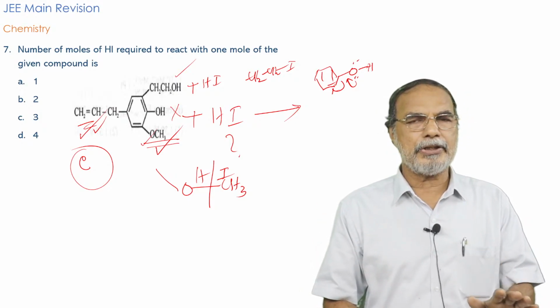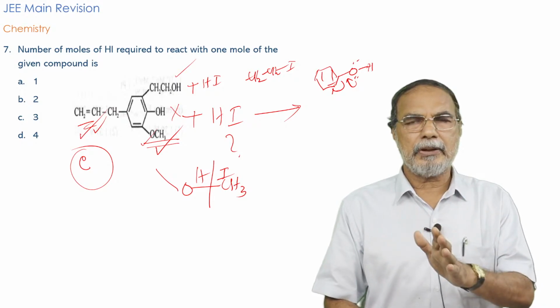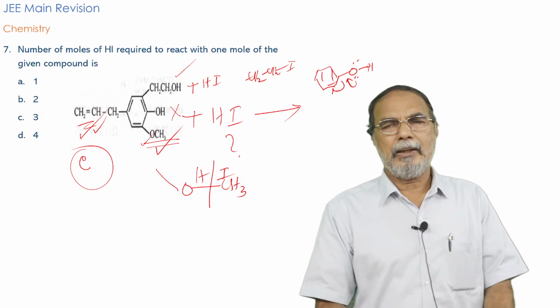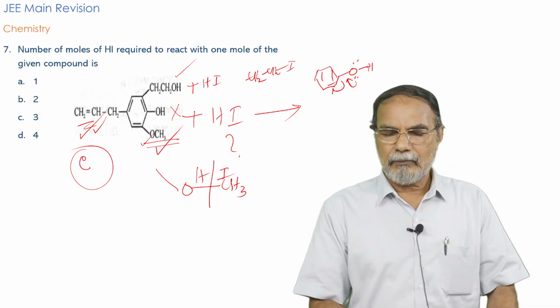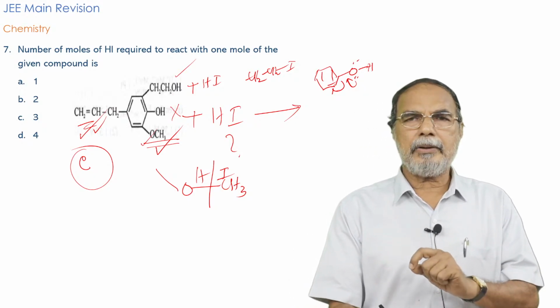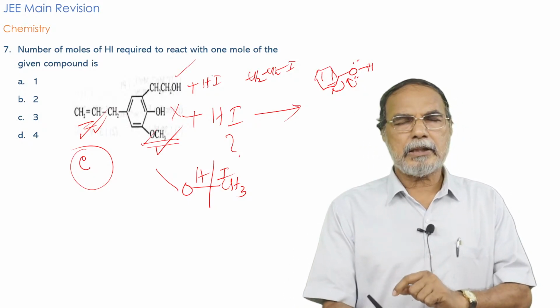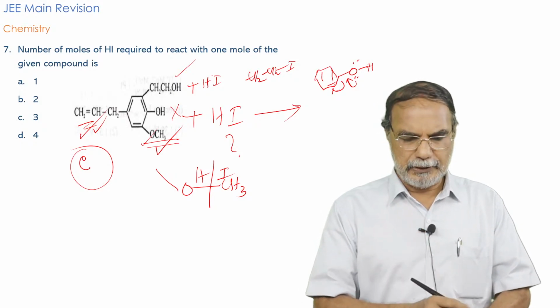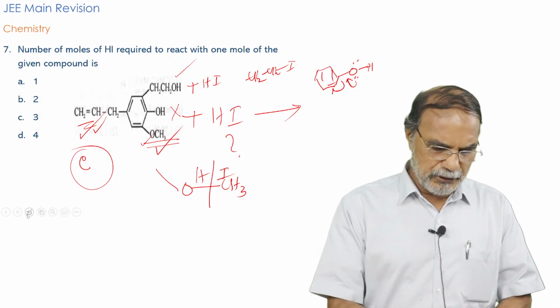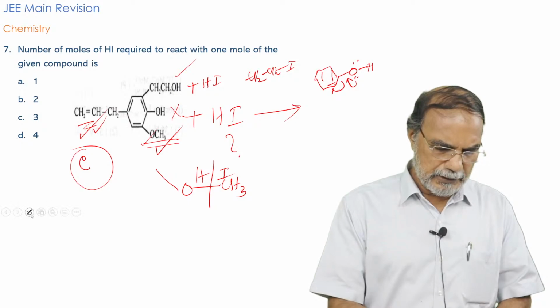The phenolic OH is very stable, it is not replaced by I, whereas a normal hydroxyl group in an alcohol is replaced by I on reaction with HI. So that's the chemistry that you have to remember in answering this question.